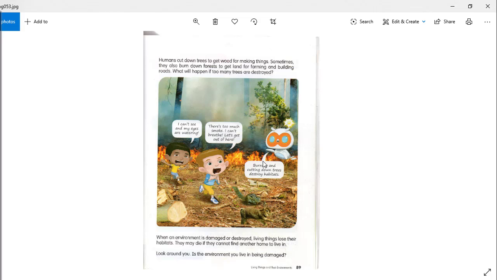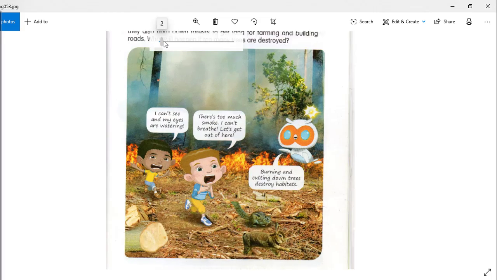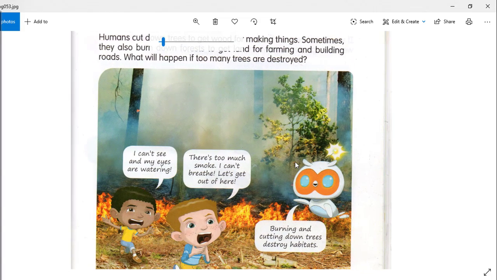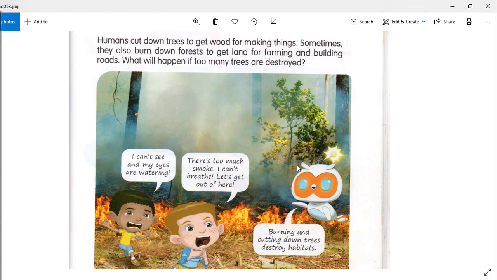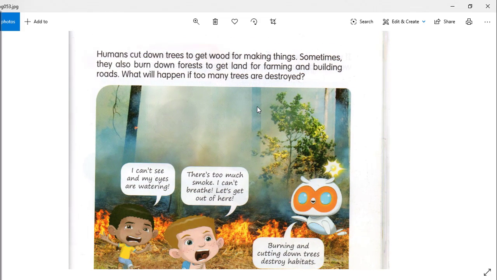Okay, let's look at this. Not only that kind of pollution. In the past, the place where you are living right now was actually a forest. It was a forest, but you can see that most of the trees have been cut down.